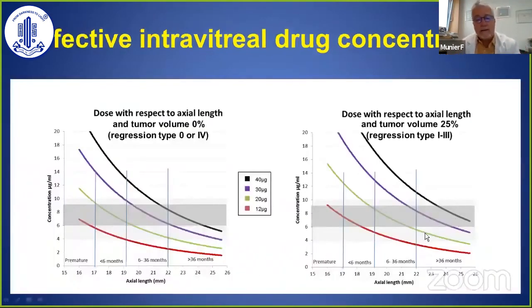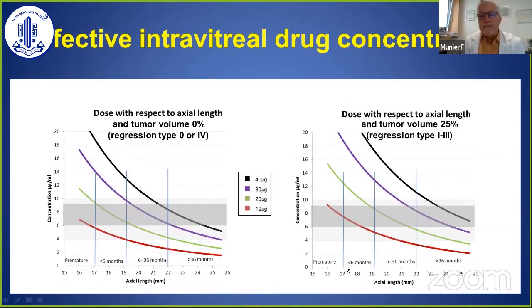So we have calculated this, and I've summarized that. This is on the left, the abacus for type 4 regression. What you want is to keep the effective intravitreal concentration between 6 and 9 microgram per ml: at least 6 to have efficacy, and below 10 to avoid severe toxicity at the retinal level.